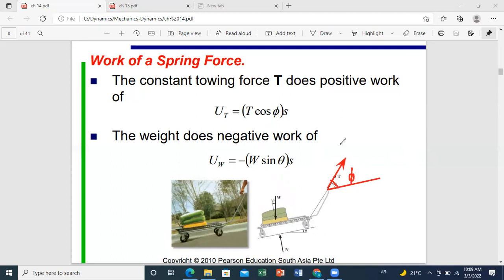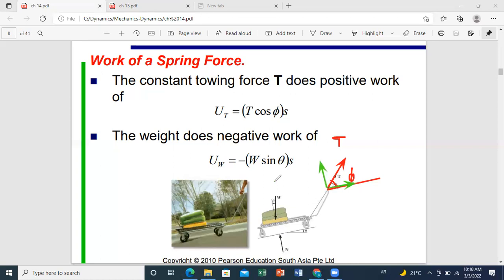So then I will say T will be decomposed into two components, one along motion and one perpendicular to motion. The component along motion is the one which will produce work and is equal to T cosine phi, while the component perpendicular to motion will not produce any work.